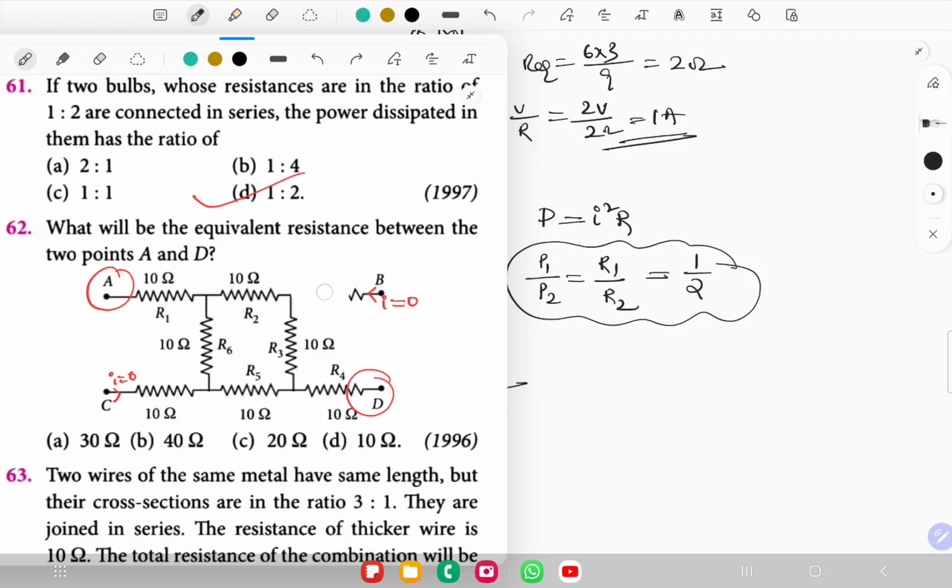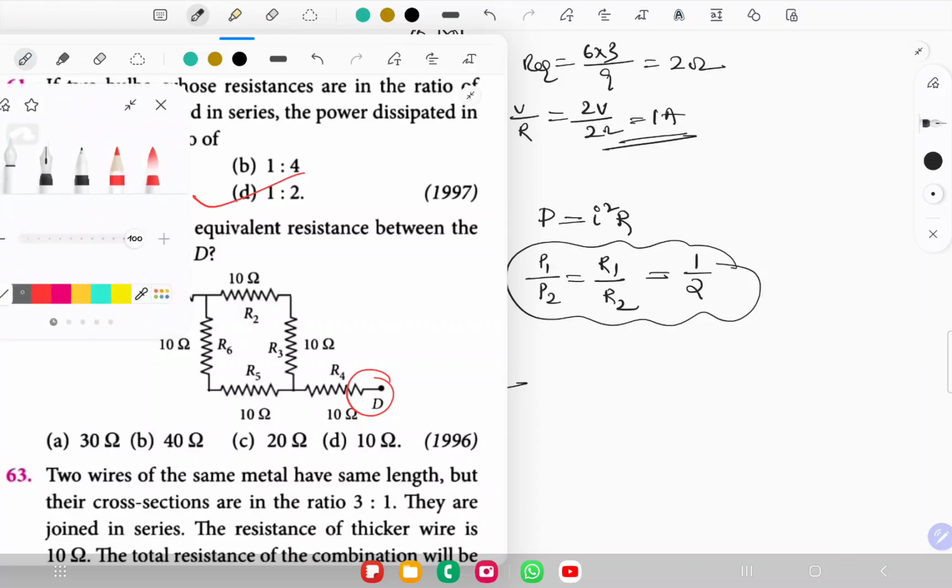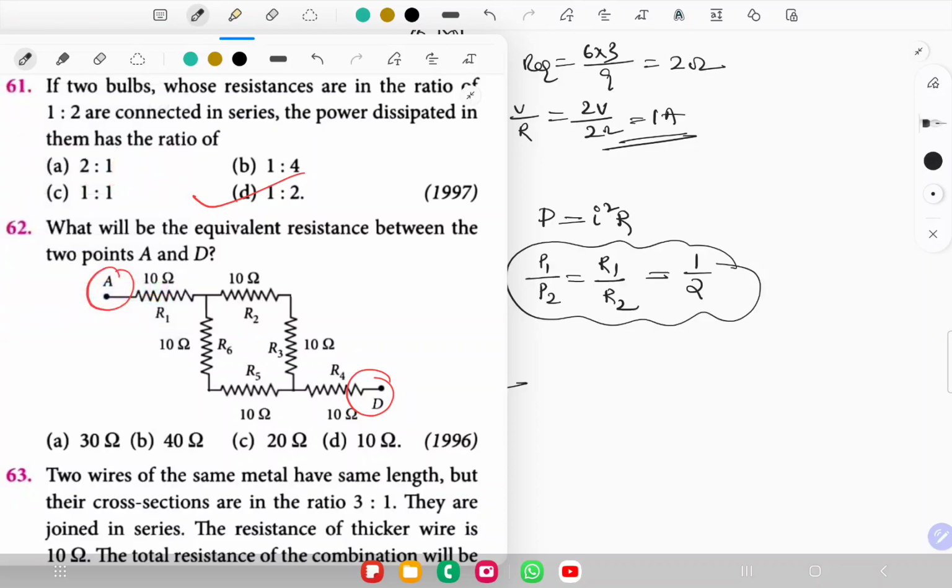And because they are asking resistance between A and D terminals only, right? So no need to consider these two resistors. So observe this, if these two resistors are removed completely, observe the remaining circuit resistors. So let's replace those resistors. Now these two resistors look as if they are in series combination, right? Their resistance is 20.